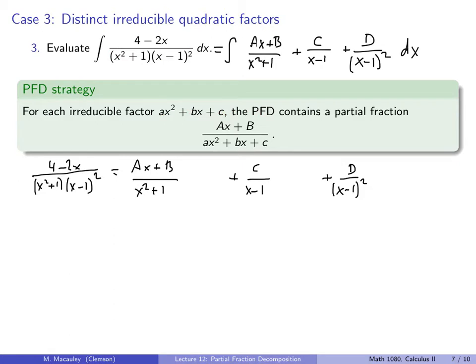Again, I want each of these denominators to be equal to that. So this first term I have to multiply by x minus 1 squared. Just to make things easier, I'm going to multiply out x minus 1 squared on the top. So this is going to be x squared minus 2x plus 1.